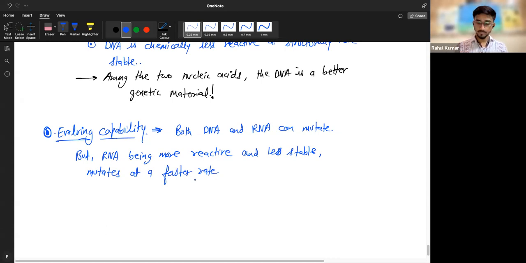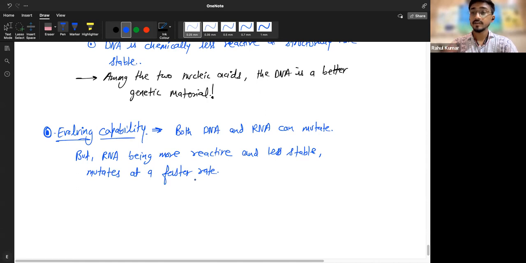Okay, so that's why viruses that have RNA as their genetic material mutate and evolve faster than viruses or organisms that have DNA as their genetic material. You understand? Yes?